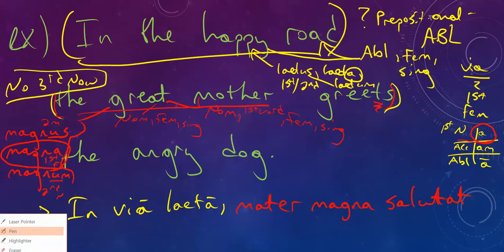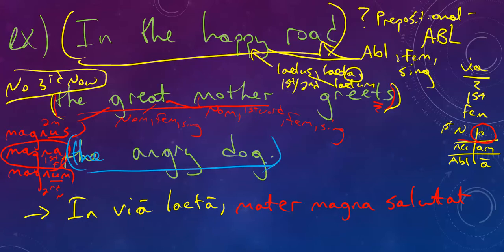Last, we're going to look at the angry dog. The angry dog is being greeted, so he receives the action, which makes him a direct object or accusative. So both angry and dog must be accusative. He's singular because we don't know anything else.